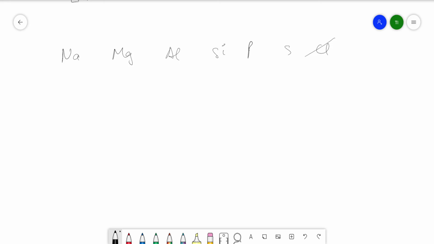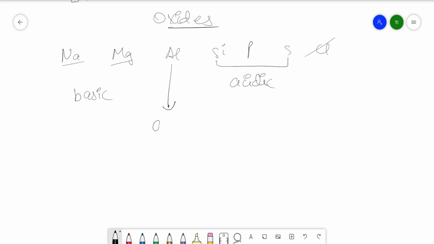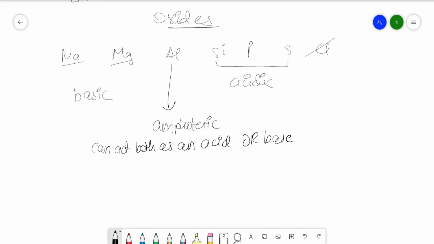Well, there's no oxide of chlorine, so the oxides of each of these, of the metals, sodium, magnesium, they are basic. Whereas for these, they're acidic, right? But Al is a special case. Why? Because it is amphoteric, meaning it can act both as an acid or base, depending on when it's required.